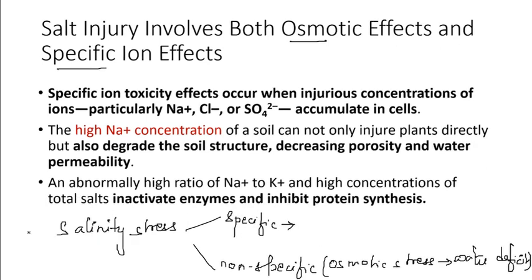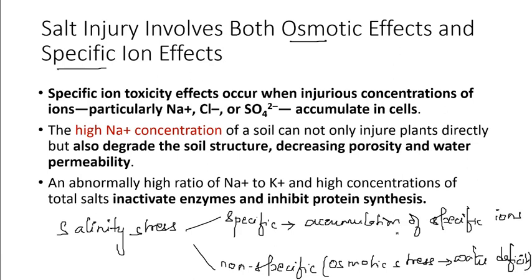So specific stress is due to the accumulation of specific ions that lead to toxicity. See here, specific ion toxicity effects occur when injurious concentrations of ions, particularly sodium, chloride, and sulfate, accumulate in the cells.